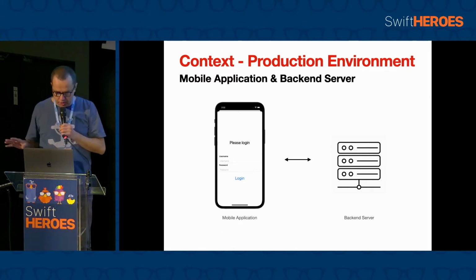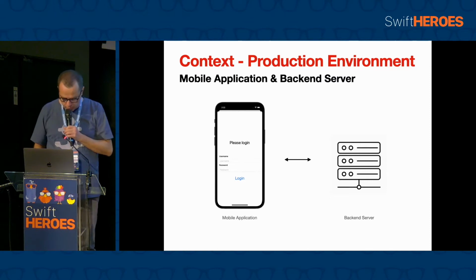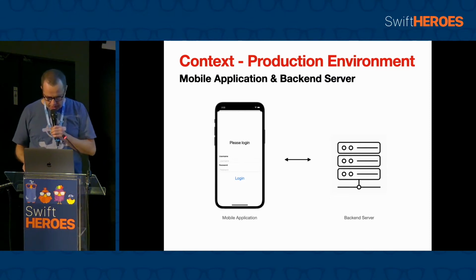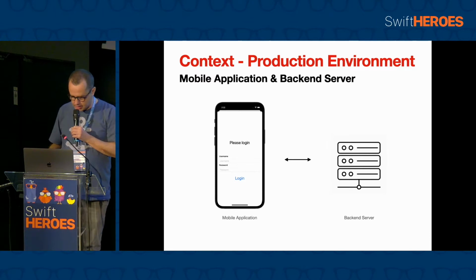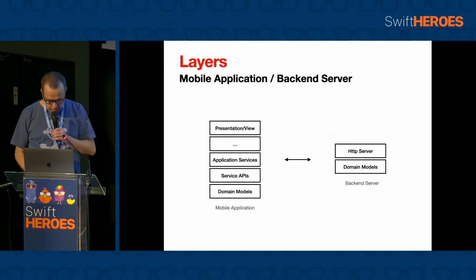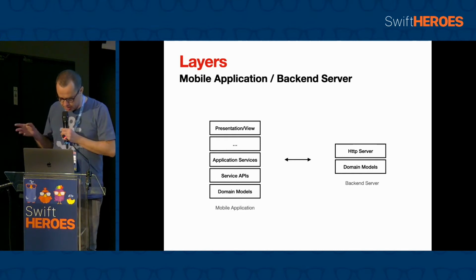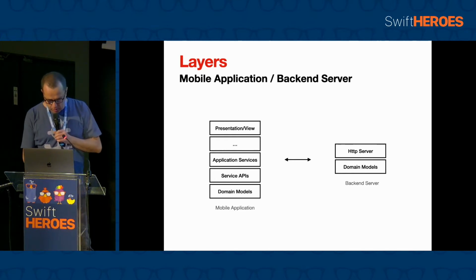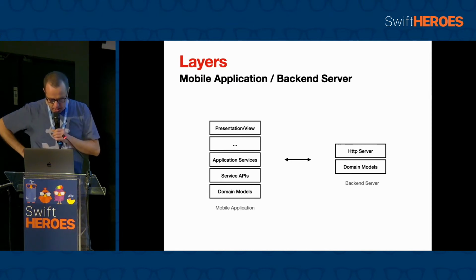Just a few words about the environment. We have two entities, mobile application and backend server, and they just exchange data models. A few words about the layers, to ease the presentation in the next slide. Mobile application is composed of domain models, service API, which perform HTTP requests, and application service, usually an aggregator of service API.